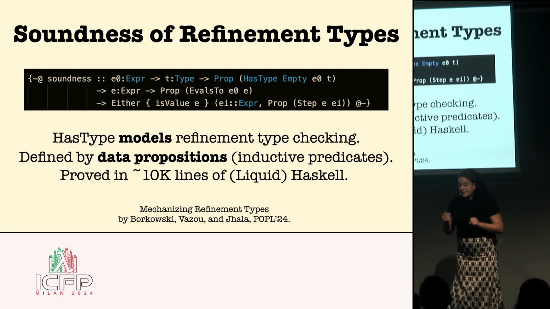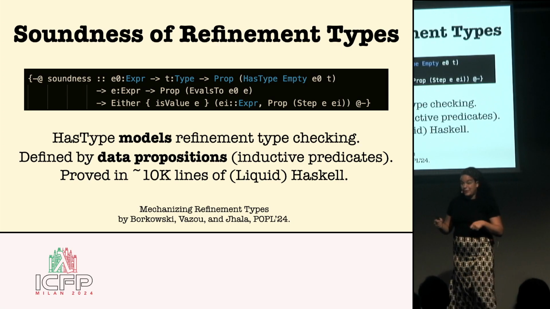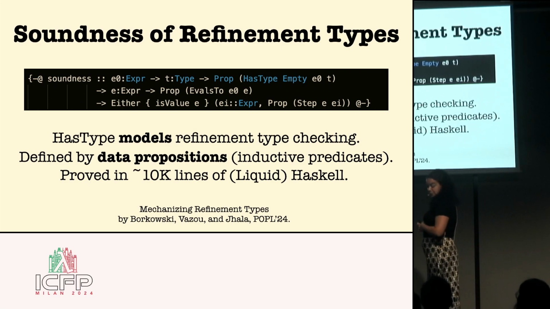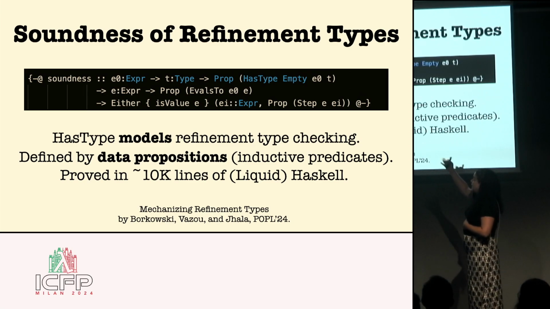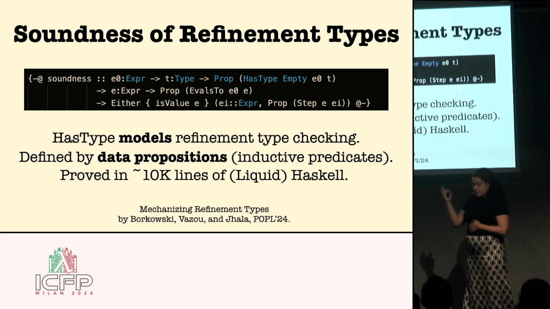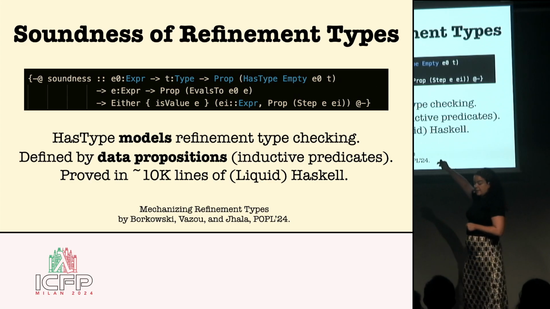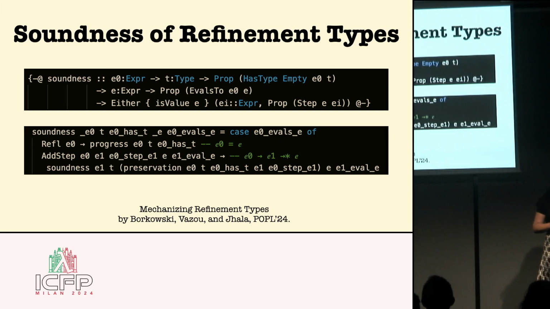And with this data proposition and the has type property, we essentially started doing constructive theorem proving in Liquid Haskell, which I found cool. And we managed to prove this soundness property. Now I believe this is the biggest meta-theoretical proof in Liquid Haskell, 10K lines of code. The cool thing is that the proof is a Haskell function.